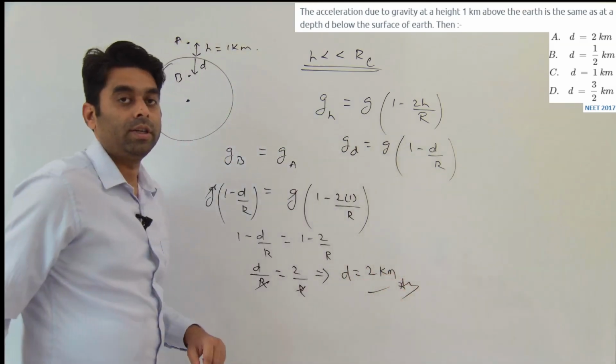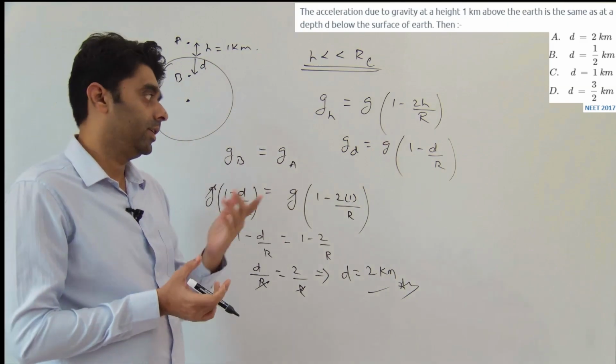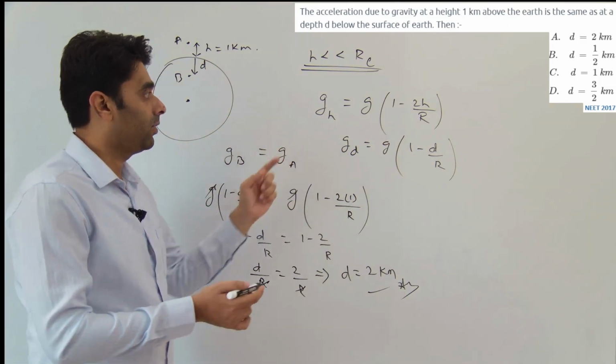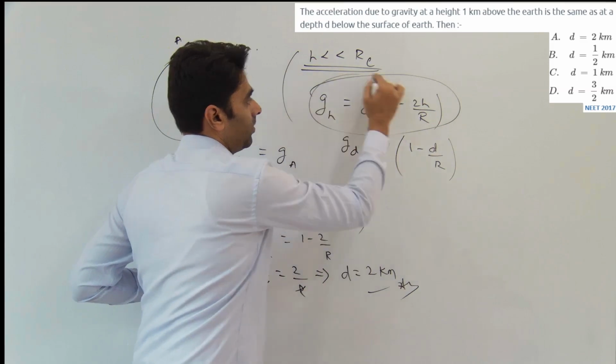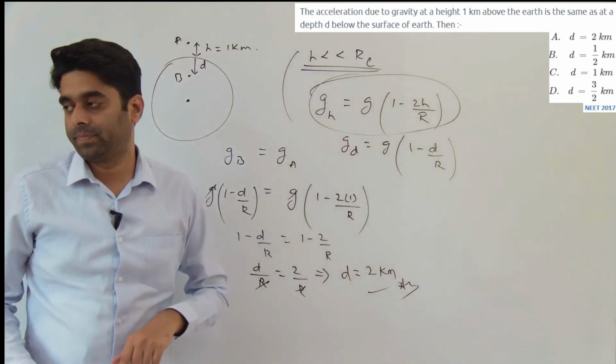So our answer for d is 2 kilometer, right? Decent question. We just had to keep in mind which relation we have to use.